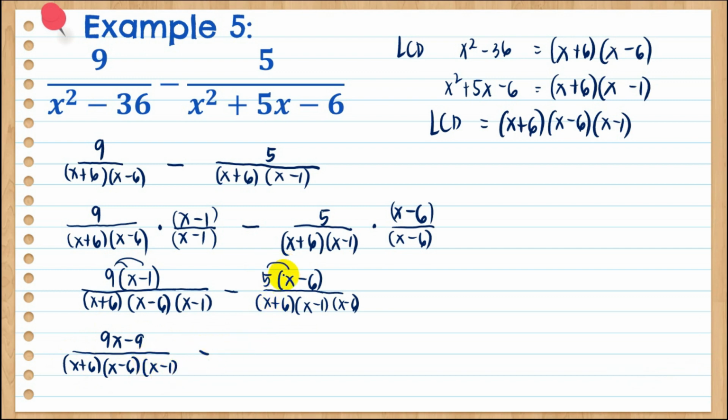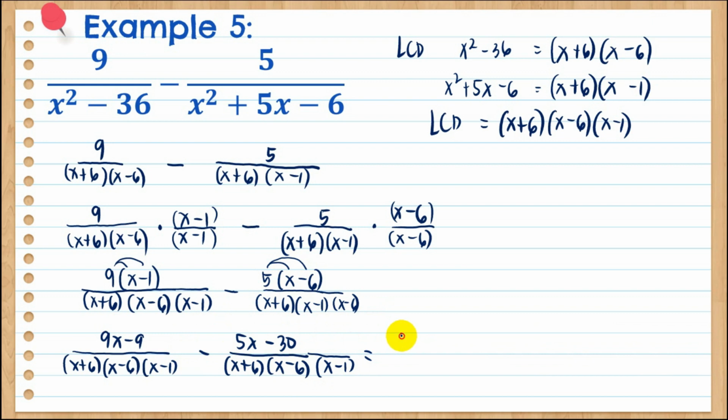Minus 5 times x is 5x, and then 5 times negative 6 is negative 30, all over our common denominator, quantity of x plus 6, quantity of x minus 6, so inuna natin yung nasa dulo natin factor, and then we have the quantity of x minus 1. Again, 5 times x is 5x, 5 times 6 is 30. But again, dahil minus yan, mapapalitan po ang sign ng 5x and 30 kasi siya yung nasa subtrahend.